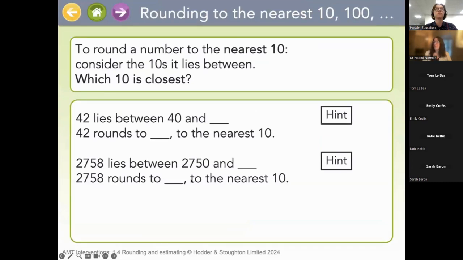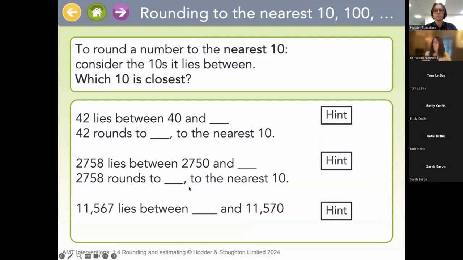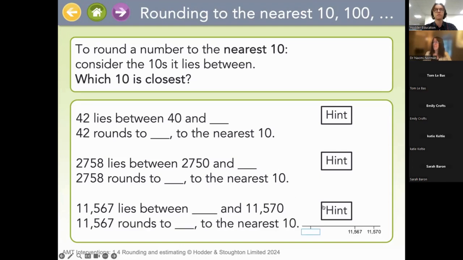Then finally, on this slide, students work on the tens that 11,567 lie between, and which is the nearest, again with similar support in the hints over here. And you might note that this time, students must identify the previous 10 rather than the next 10 to the number.